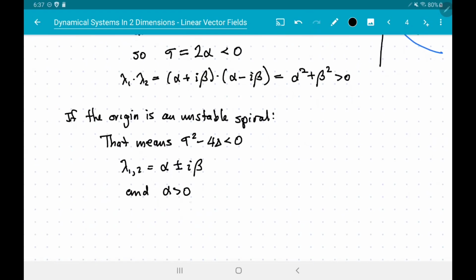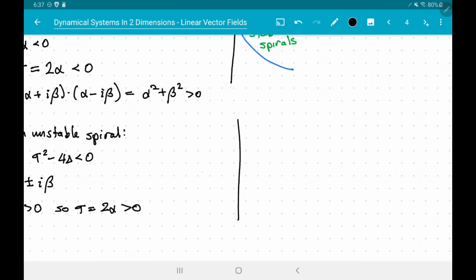Again, tau ends up being 2 alpha, and that's positive, which means that when I draw the diagram, I need to put unstable spirals inside the parabola and with positive trace. So unstable spirals go here.